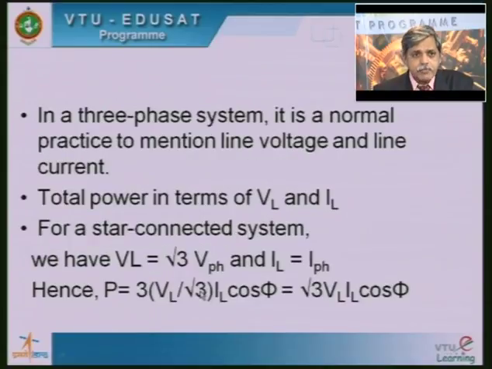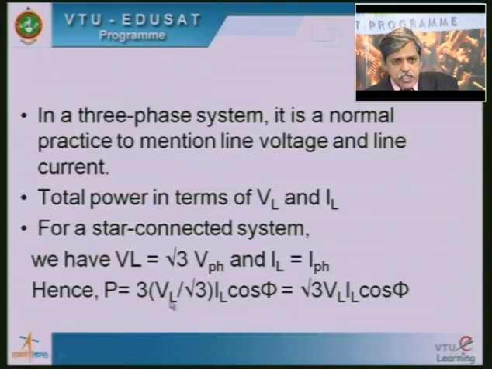Now, in a three phase system, it is normal practice to mention the line voltage and the line current. So, the total power in terms of VL and IL I should write. Therefore, for a star connected system, we have the line voltage VL is equal to root 3 times V phase and IL is equal to I phase. So, in the expression for the power, V phase I write as line voltage divided by root 3, and phase current I write as line current because they are equal.